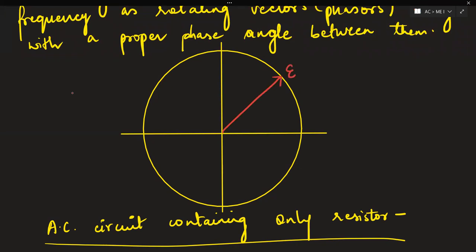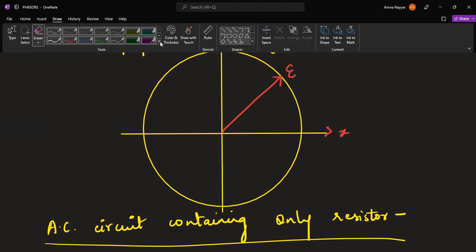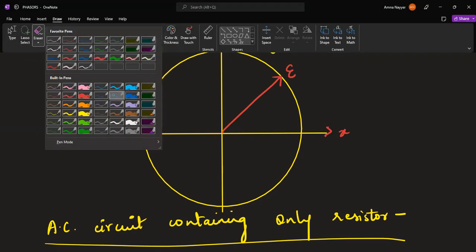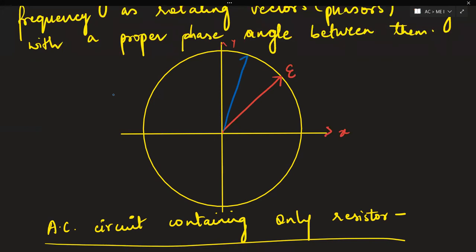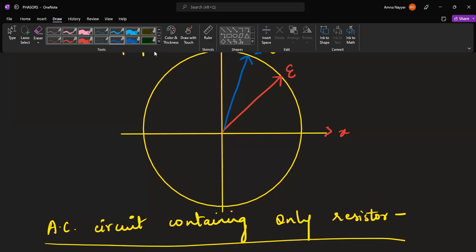This is the position of EM. Now this is at a certain angle from the baseline. So this is your x-axis, this is your y-axis. And let's say one more, for example, this is the position of current. So you can observe certain things from here.